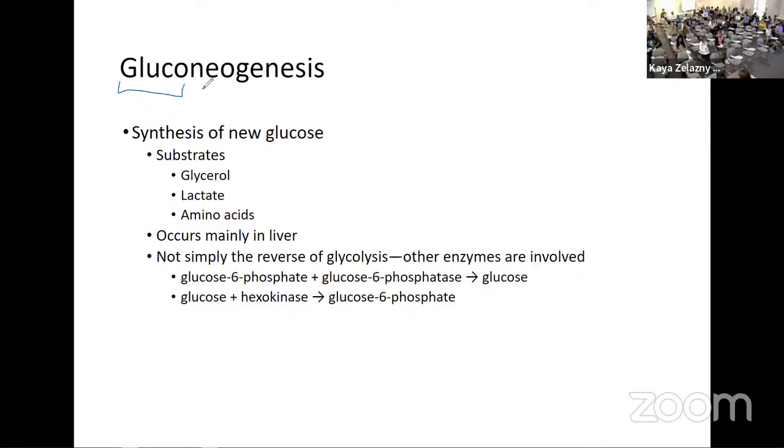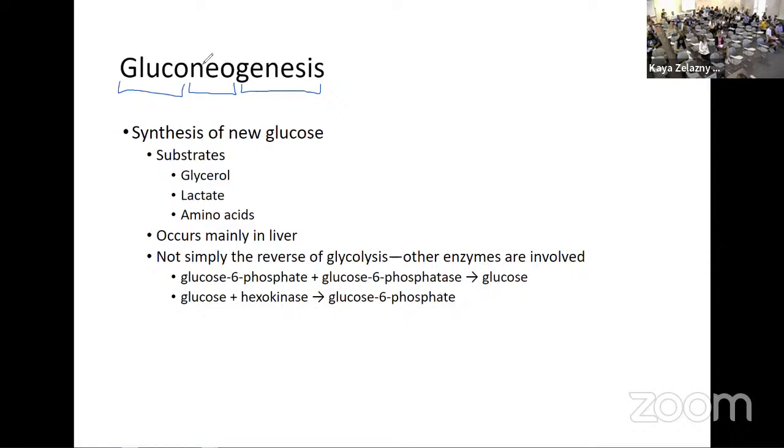And when you get to the exam, read really carefully because there are a lot of words that start with a G. If you slow down, they do tell you what they mean. So gluco for glucose, neo for new, genesis for creation. So what this word is telling you is that we can create new glucose.